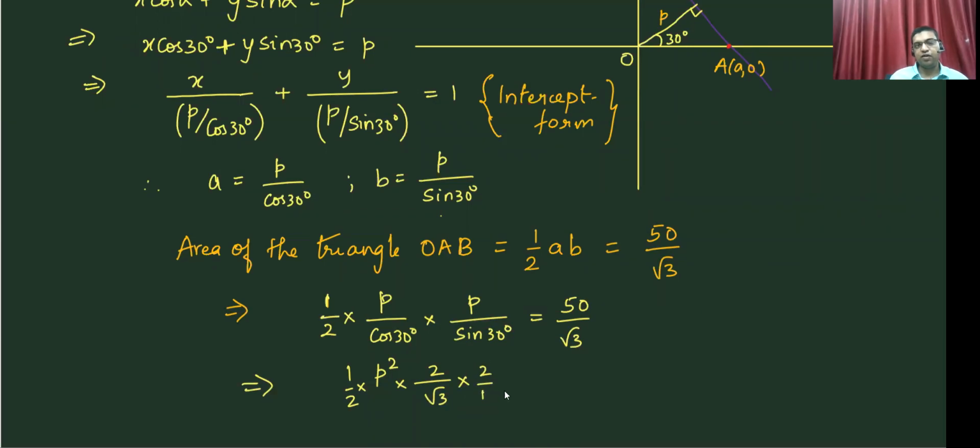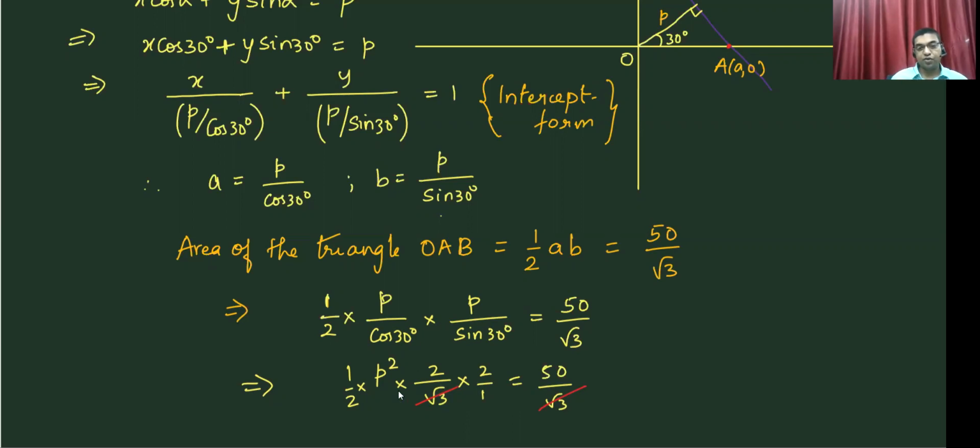So the reciprocal will be 2 upon 1. So now you can strike off root 3 and root 3 in the denominator on both sides.